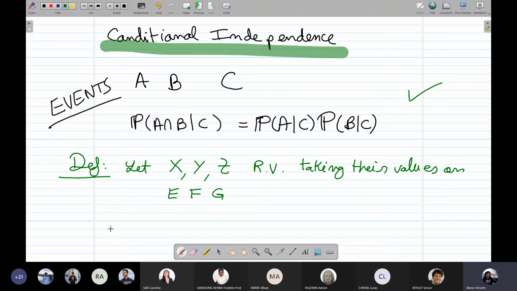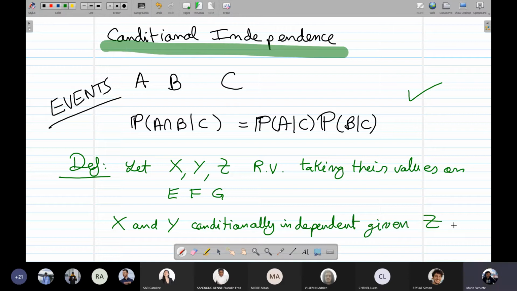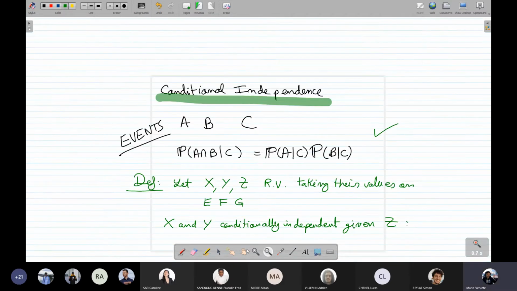Can you please define what it means that X and Y are conditionally independent given Z? What does that mean?